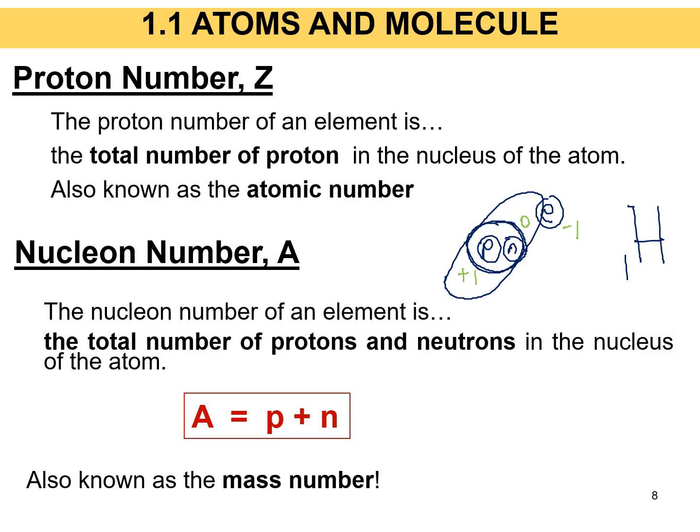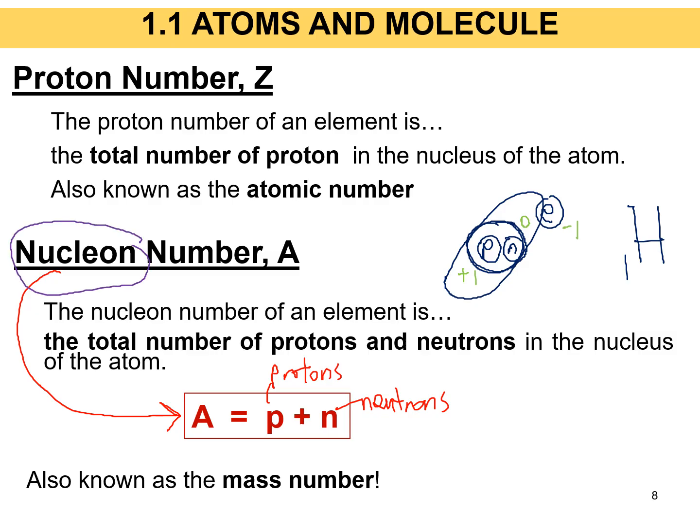Next is nuclear number. Nuclear number, kita tahu simbol dia A. Apakah nuclear number? Nuclear number is basically the total number of protons and neutrons in the nucleus of the atom. Nuclear number bukanlah neutron number.